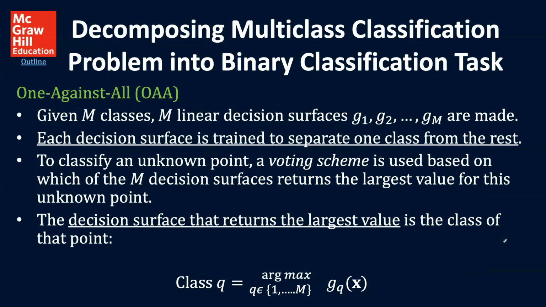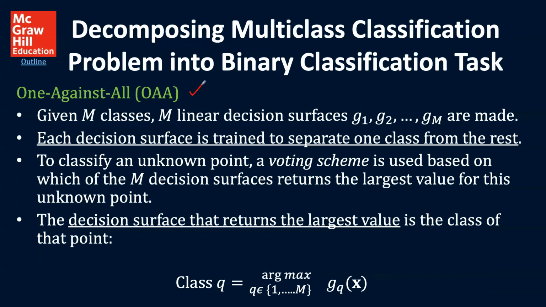What are some of the common problems that come up when we're trying to decompose multi-class classification problems into binary classification tasks? We'll talk about two. One is something called one against all, the OAA.